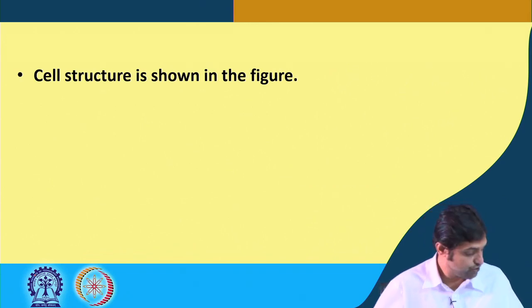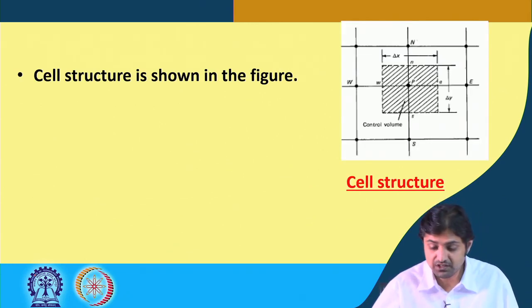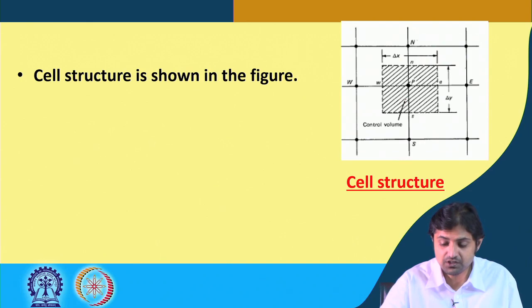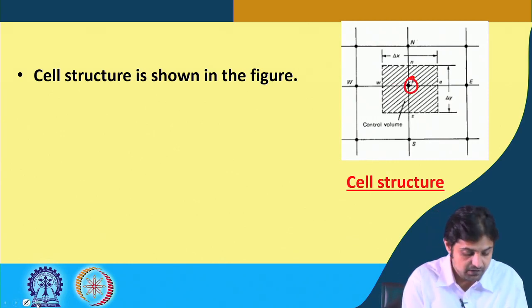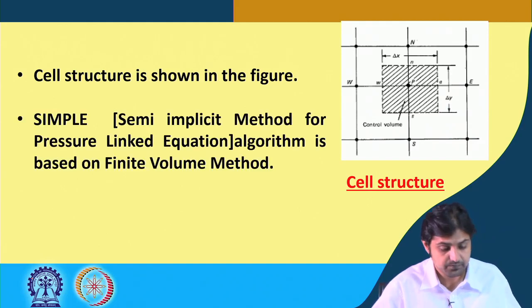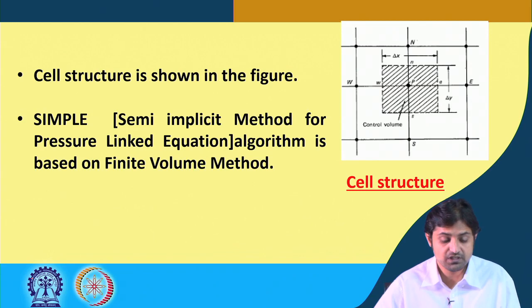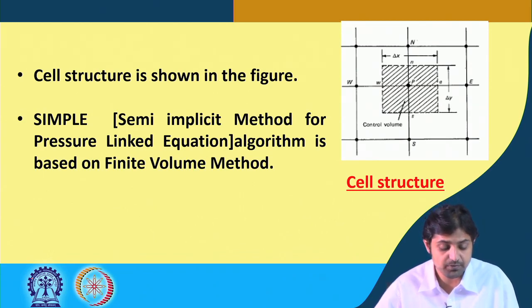The cell structure is shown in this figure here. You see, this is the control volume, the dashed zone, and at the center point we calculate the quantities. SIMPLE is one method, which stands for semi-implicit method for pressure linked equations. So the SIMPLE algorithm is based on the finite volume method.